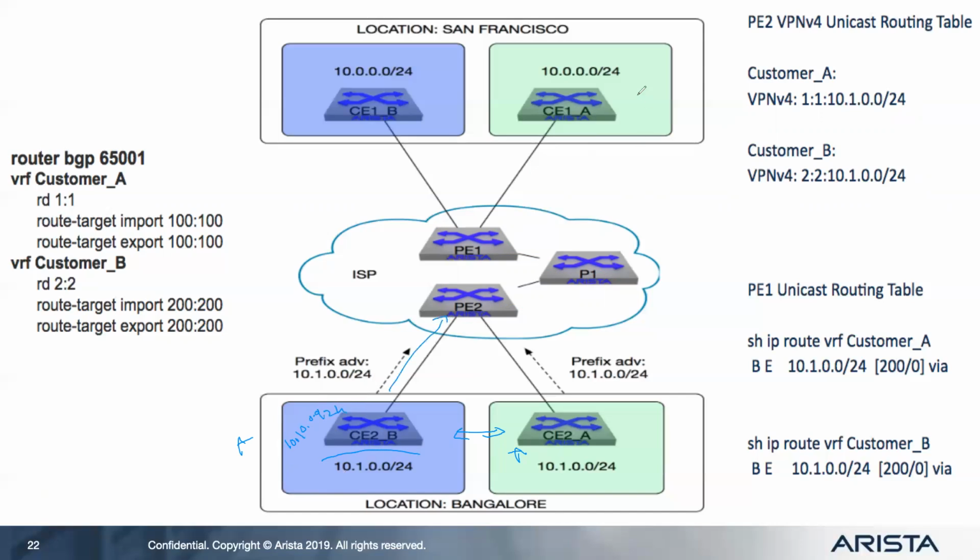Now there is a requirement that this host in this subnet also wants to communicate with this server, this host. So basically you want to receive here 10.10.0.0 of customer B. Now tell me, with RD only, without RT, is it possible?